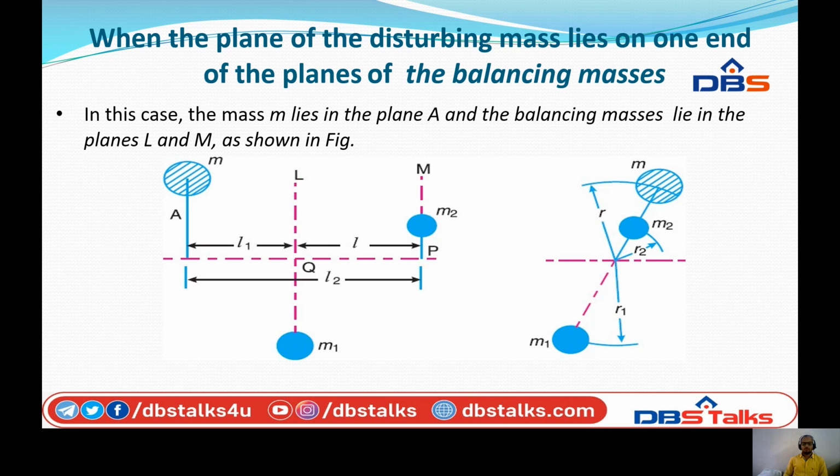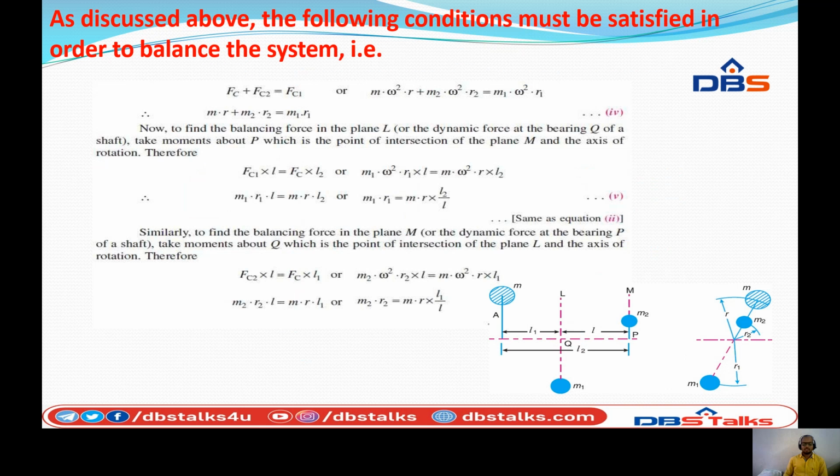Even though we need to balance the disturbing mass, that is M, with the balancing masses, we can choose the option of keeping the disturbing mass in between the balancing masses, or keeping the disturbing mass on one side of the plane of balancing masses. So this is the balancing mass kept at one side of the disturbing mass.